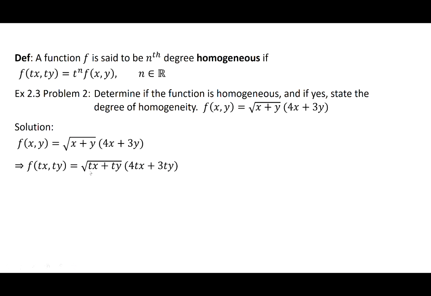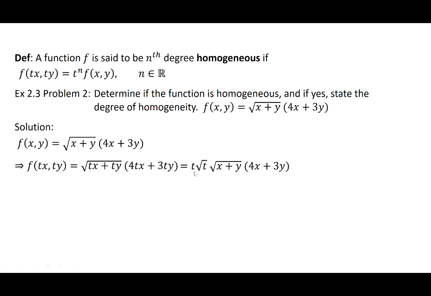Can we factor out a square root of t from the radical? Yep. Can we factor out a t from the stuff inside the parenthesis? So we could factor out a square root of t from there and a t from here. Would you agree that gives us t square root of t times square root of x plus y times 4x plus 3y?